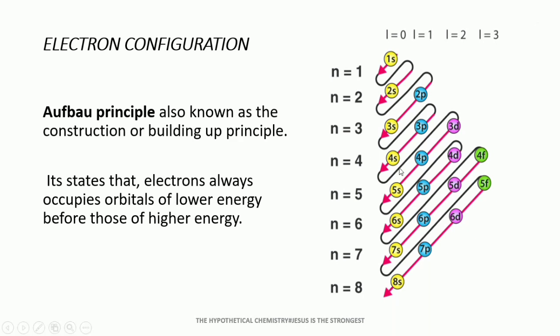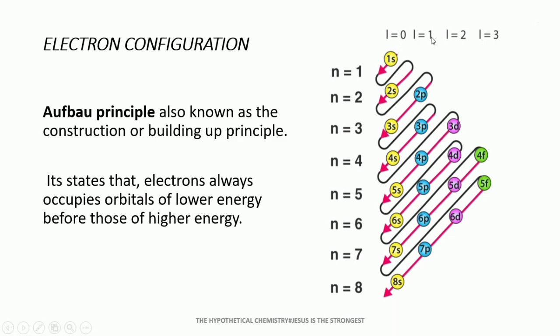Now, look at this diagram here that was used to explain what was being communicated to the entire science community. We have the angular momentum quantum number here being 0.